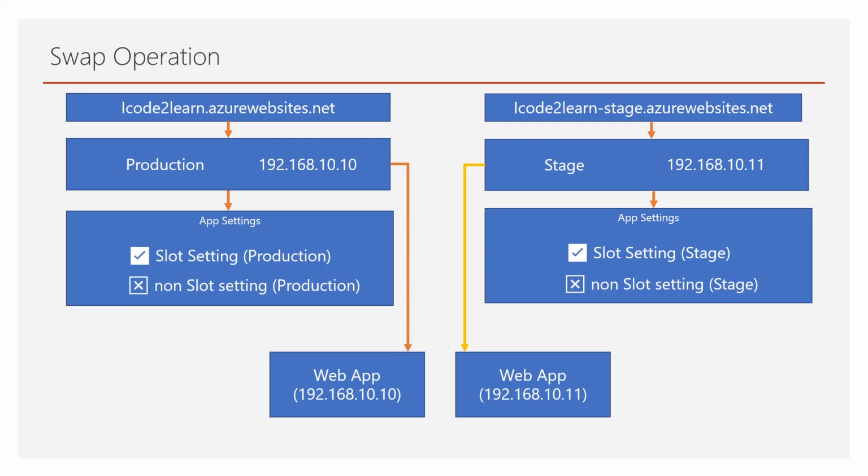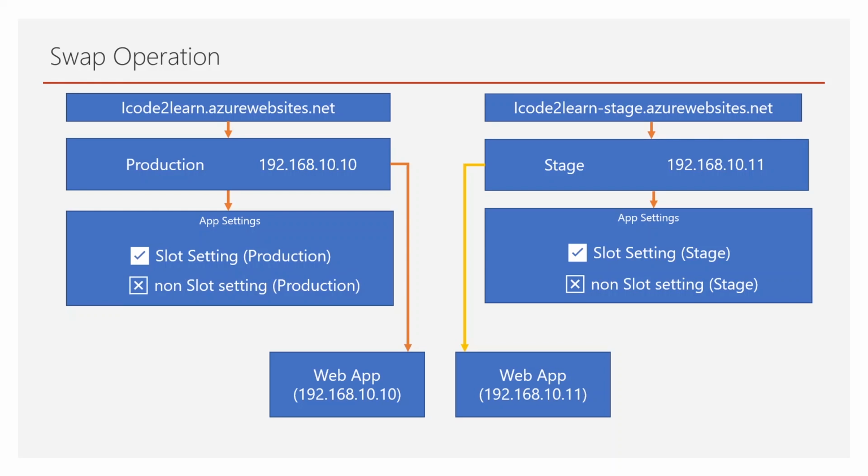As shown here, each slot URL points a virtual IP address. Assume that production slot is pointing to 192.168.10.10 and stage is pointing to 192.168.10.11, and each slot contains its own app settings configurations.